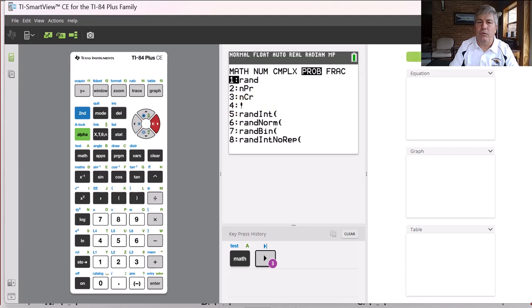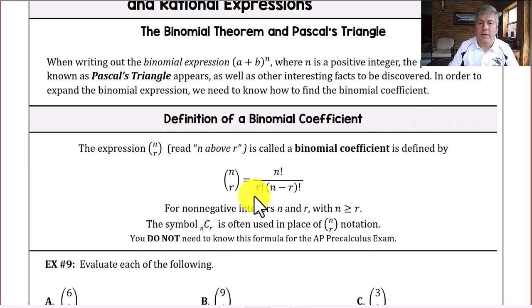The factorial symbol simply means you're multiplying things together. So 6 factorial is equal to 1 times 2 times 3 times 4 times 5 times 6.